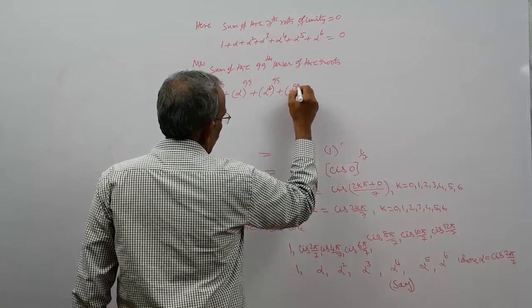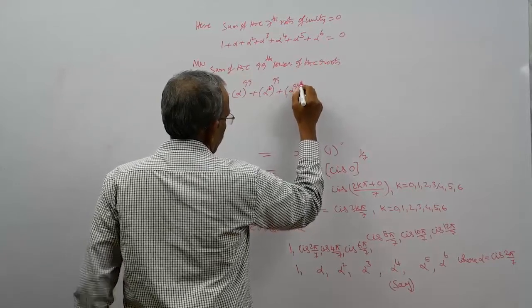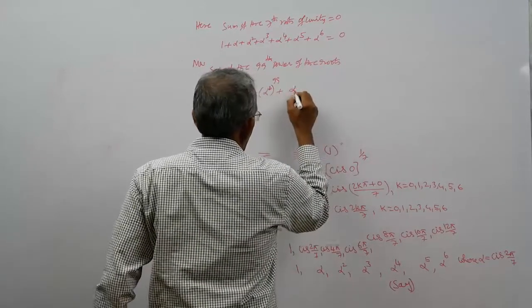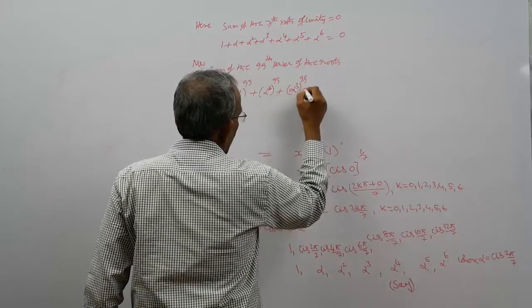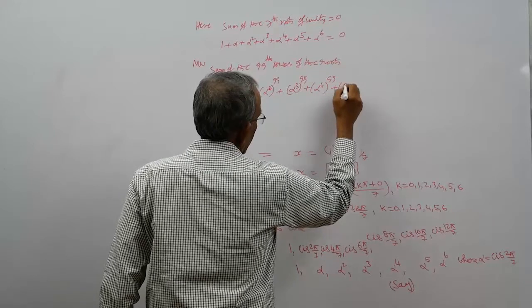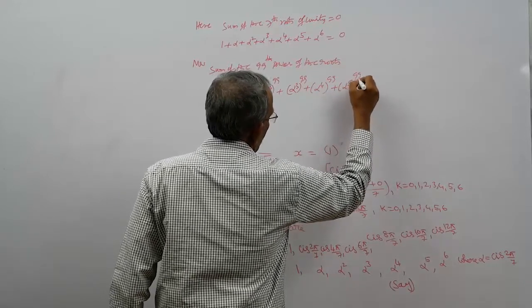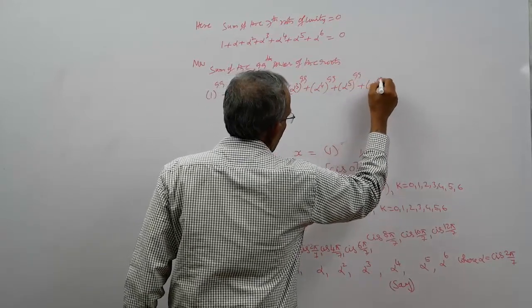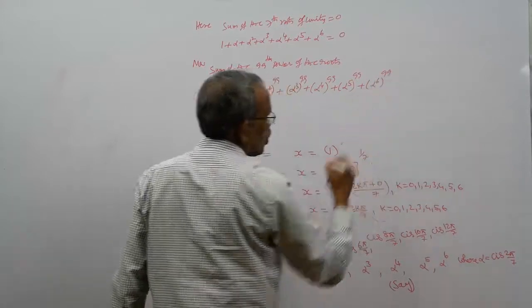Similarly, alpha cube whole to the power of 99, alpha to the power of 4 whole to the power of 99, alpha to the power of 5 whole to the power of 99, alpha to the power of 6 whole to the power of 99.